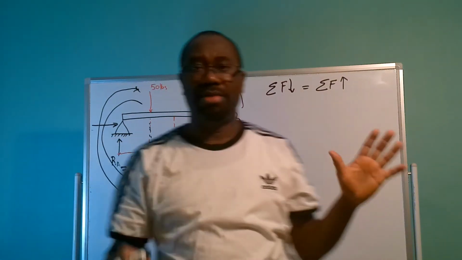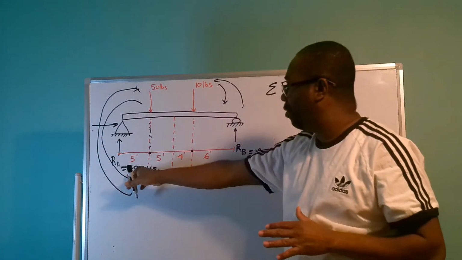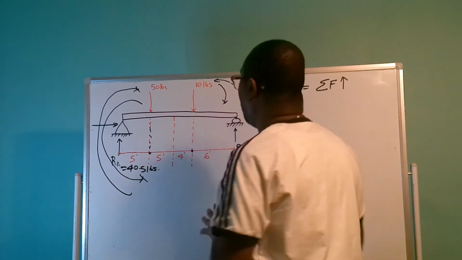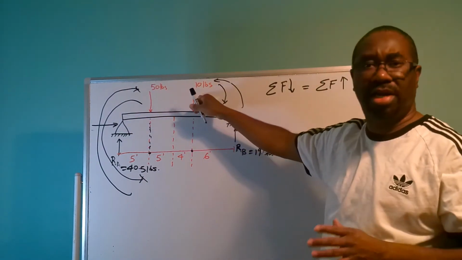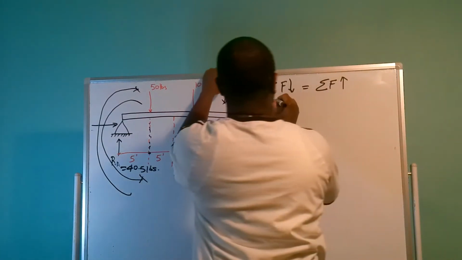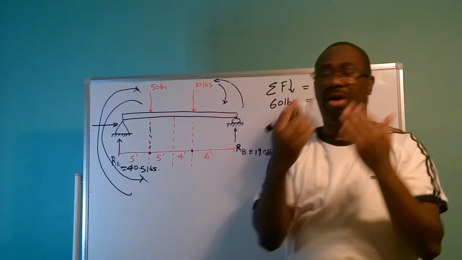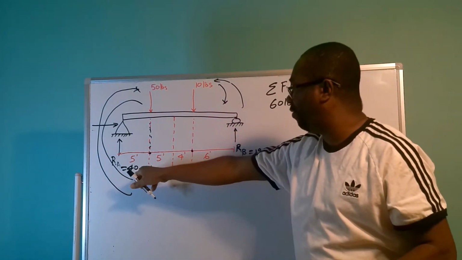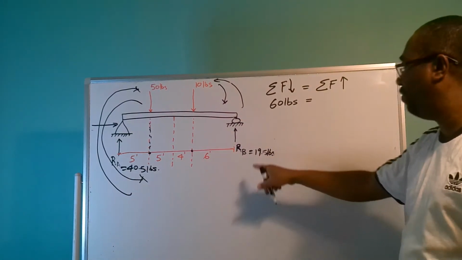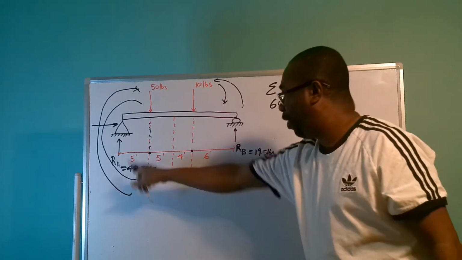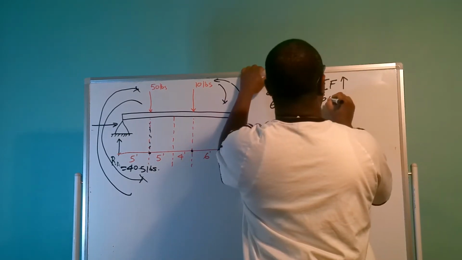So let's check that and find out if our beam is in equilibrium and my reactions are correct. Coming down, we have 50 pounds plus 10 pounds, that is 60 pounds. Going up, we have RA, which is 40.5, and RB, which is 19.5. 19.5 plus 40.5 is 60 pounds.